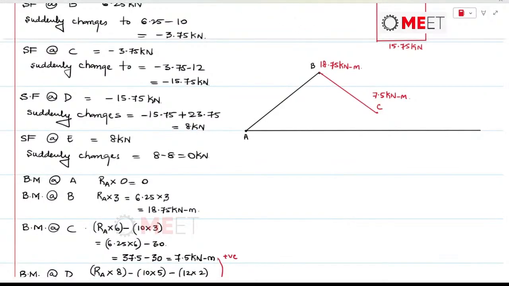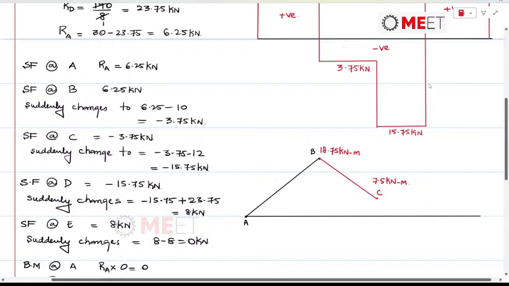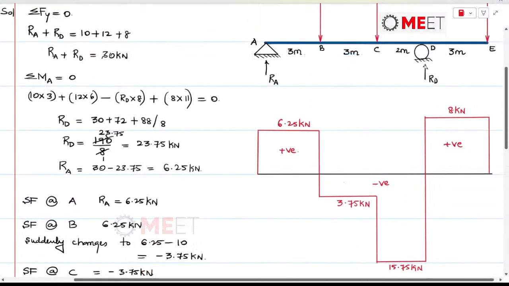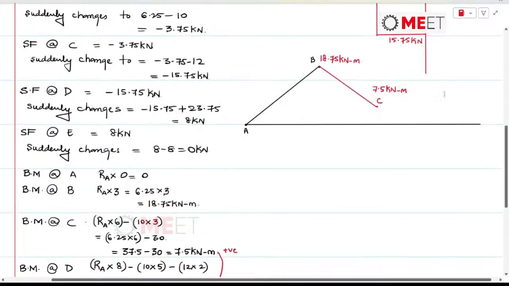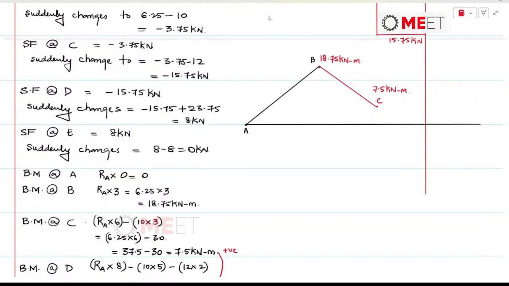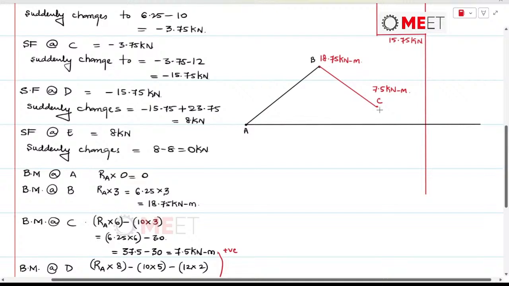So at D, this is the line which is measuring the SF at D. Let me extend this line further, and I have to mark 24 kilonewton meter on that line. So you can see the line is not continuous. It has got different slope.